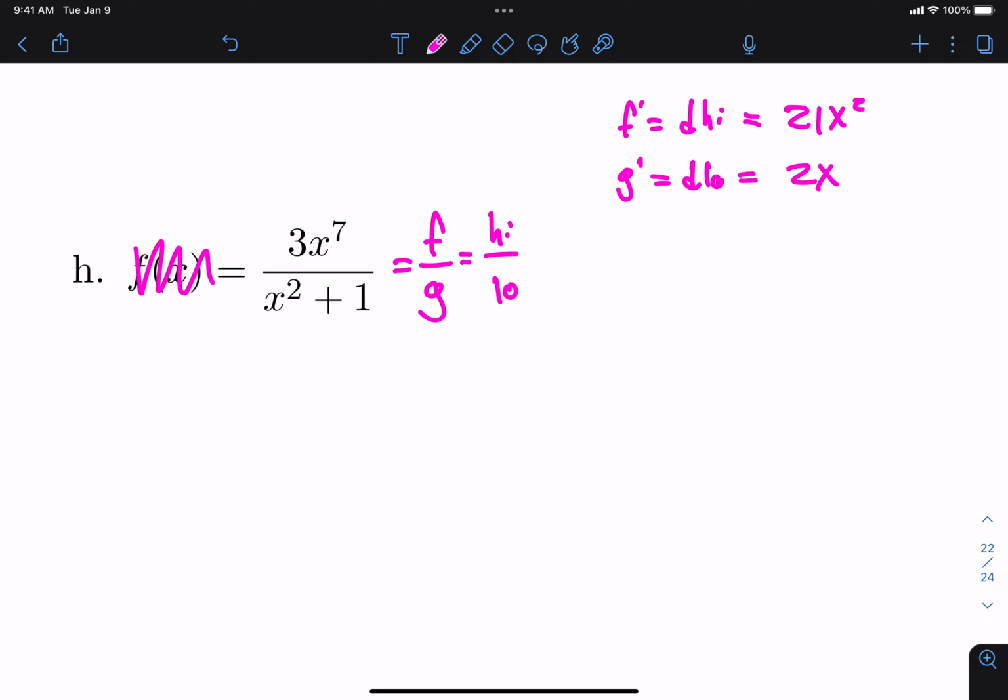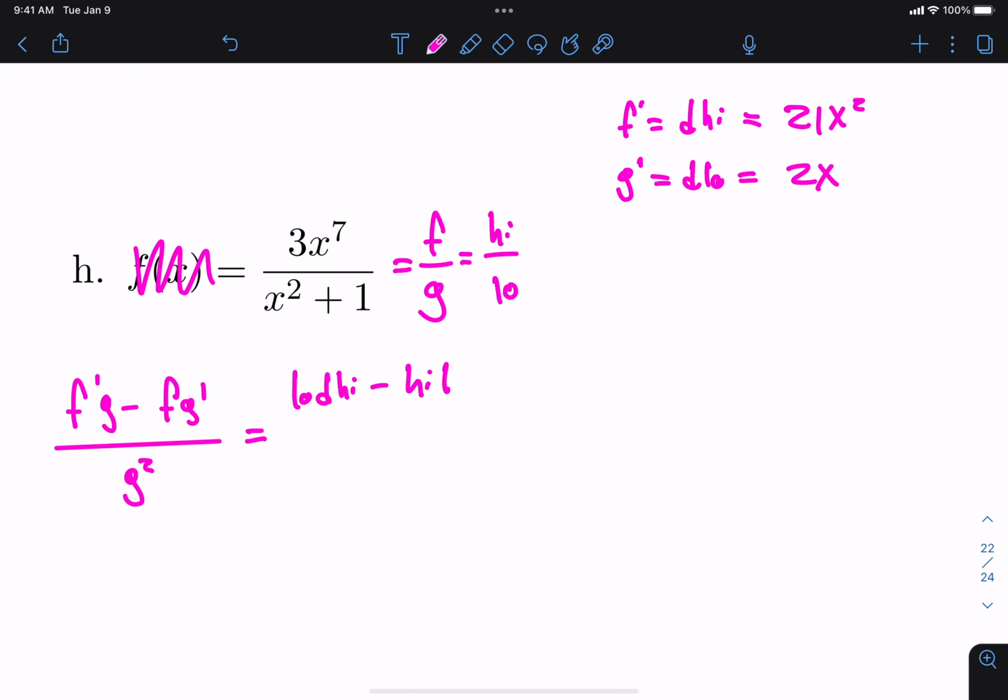And now what I need to do is f prime g minus f g prime all over g squared. If that's what you want to remember, great. If you want to remember low d high minus high d low all over low squared, that's fine too.